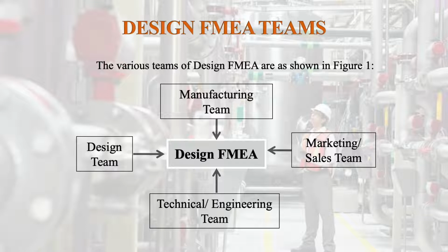The manufacturing team will give the information about the machinery or tools utilized in the manufacturing process, so that they can discuss. Similarly, the marketing and sales team will collect the customer requirements and customer feedback, so that information can be utilized for the design FMEA.